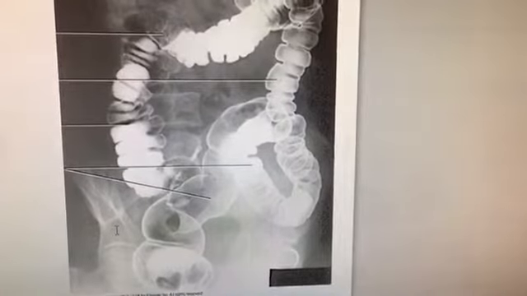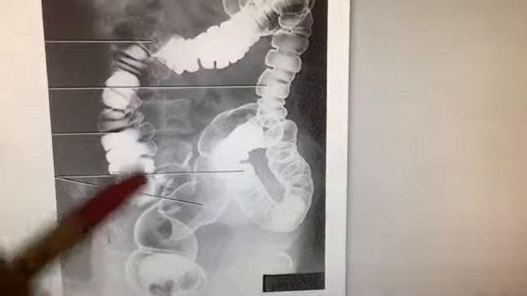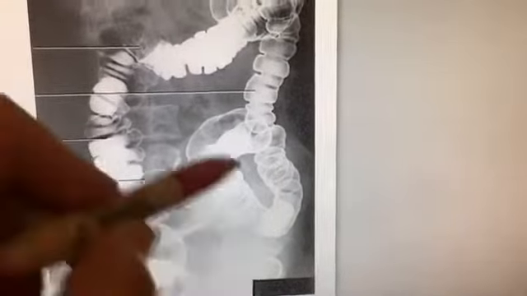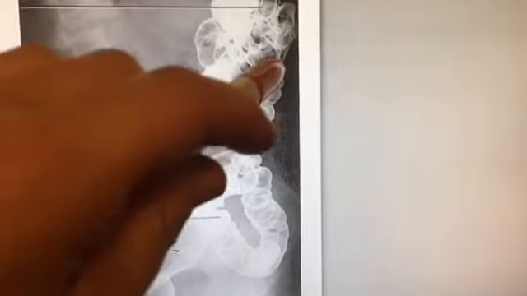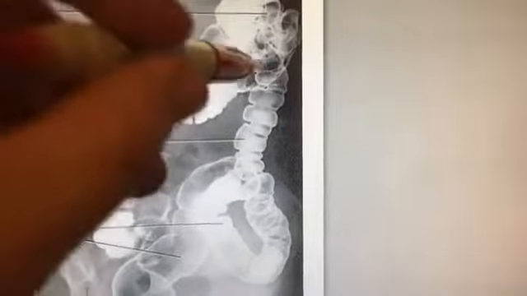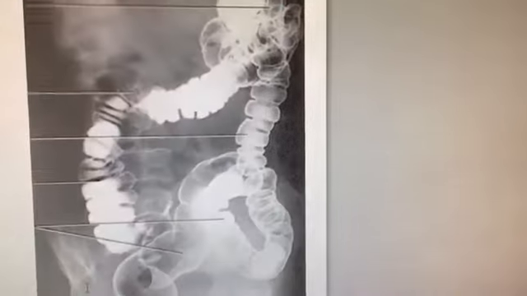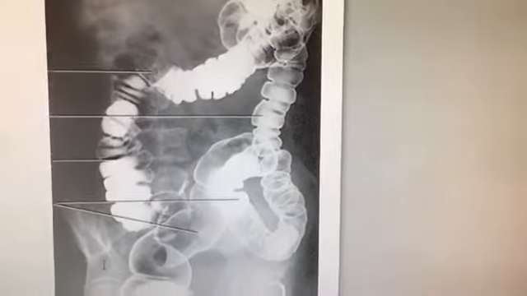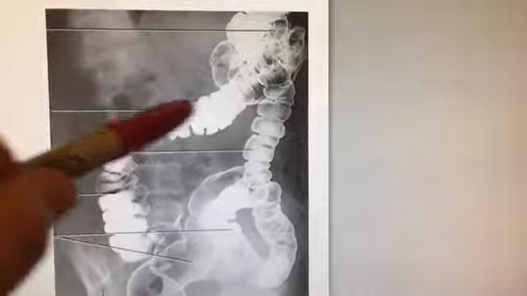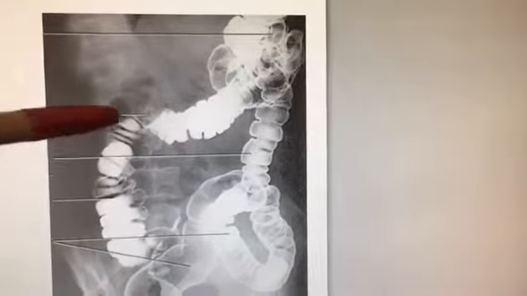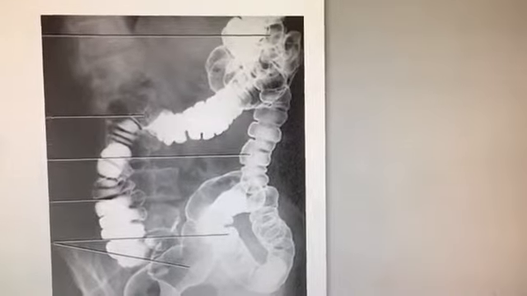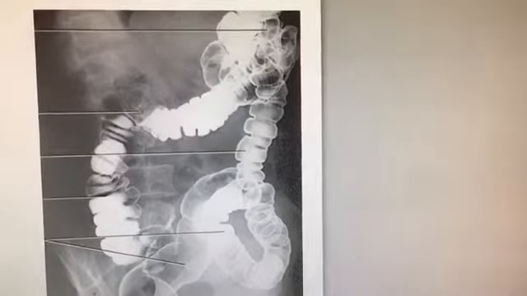We're also going to see the ascending colon and the sigmoid colon open and free from superimposition. As you can see here, the left colic flexure is kind of turned in over itself, so that side is not visible, whereas our right side is visible. And the left colic flexure is much higher than the right, because the liver's over here pushing down.